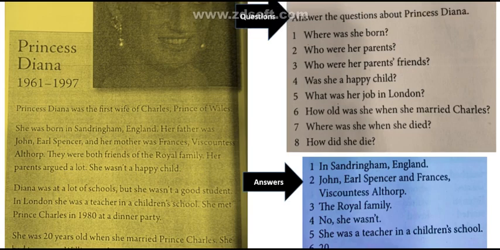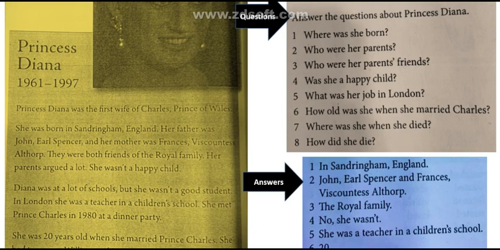Answer the questions about Princess Diana. Where was she born? In Sandringham, England. Who were her parents? John Earl Spencer and Frances Viscountess Althorp. Who were her parents' friends?